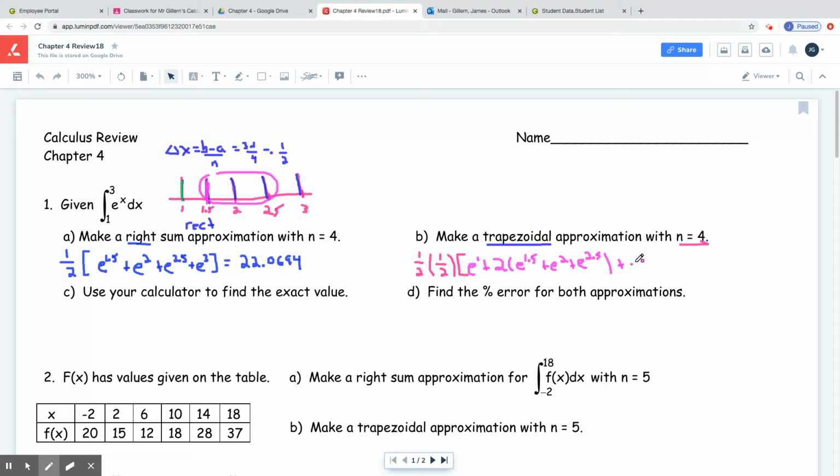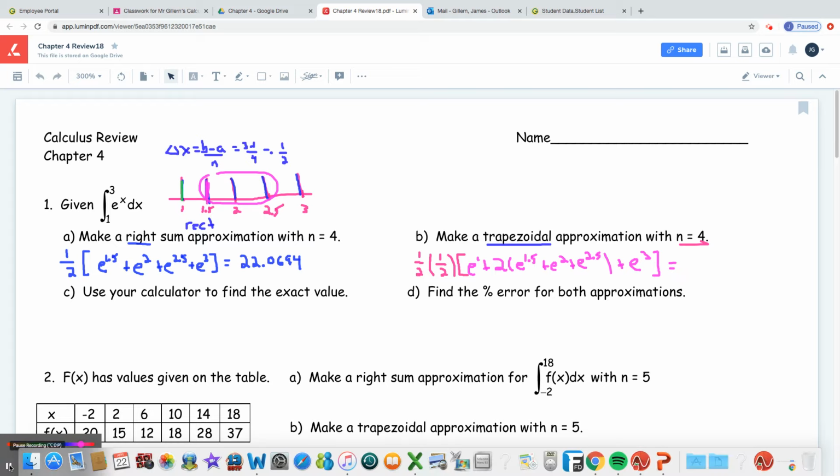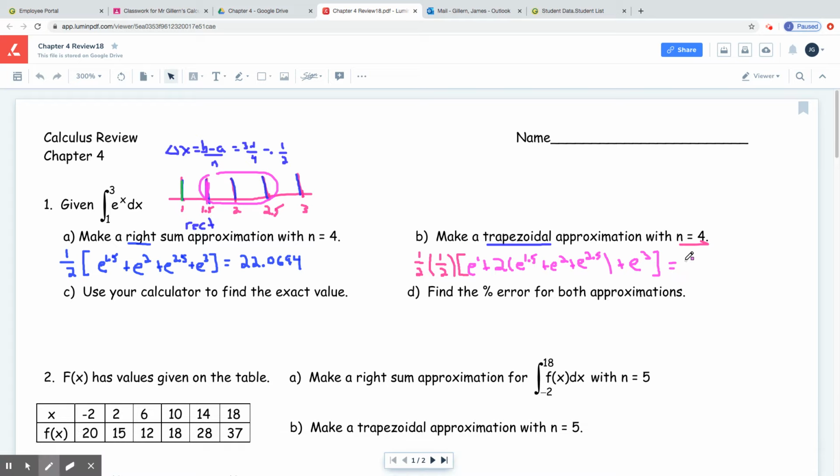And then the last one, 3, gets used once. All right, and then we're going to plug that in and see what we get. All right, and we got 17.7276.